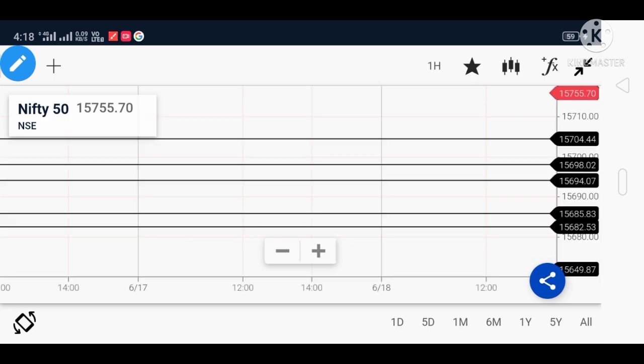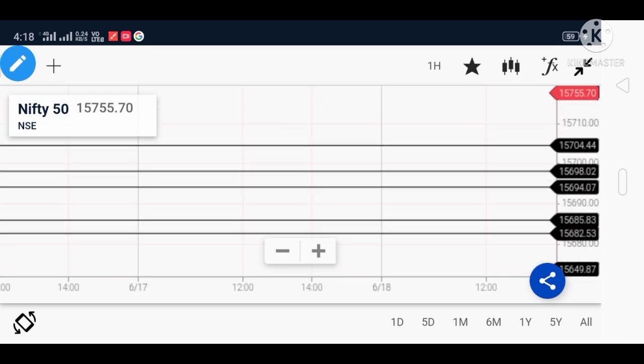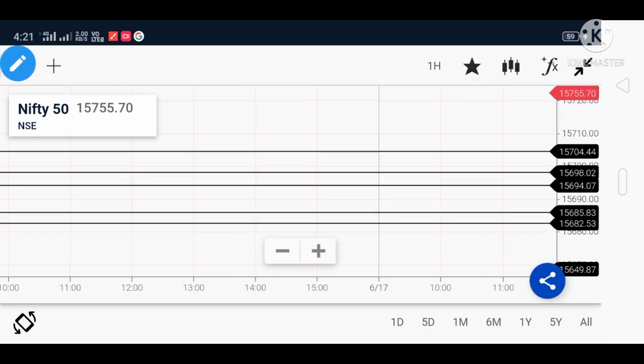Okay, so let's move downward. Here we can see 4 lines, almost 5 lines, right? Okay, so we have these 5 lines: 15704, 15698, 15694, 15685 and 15682.